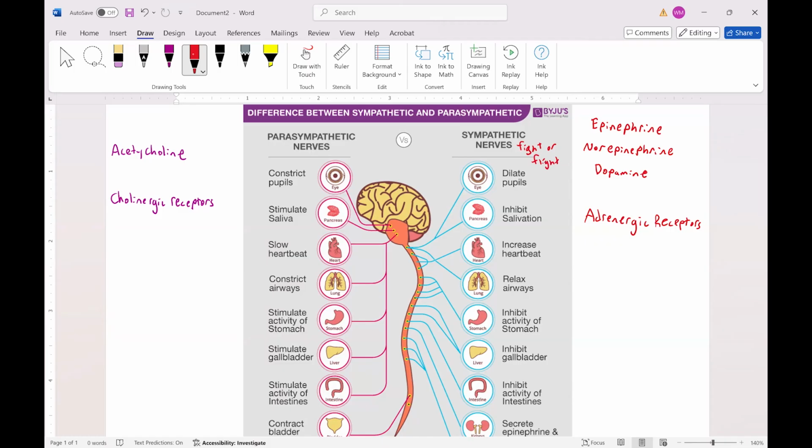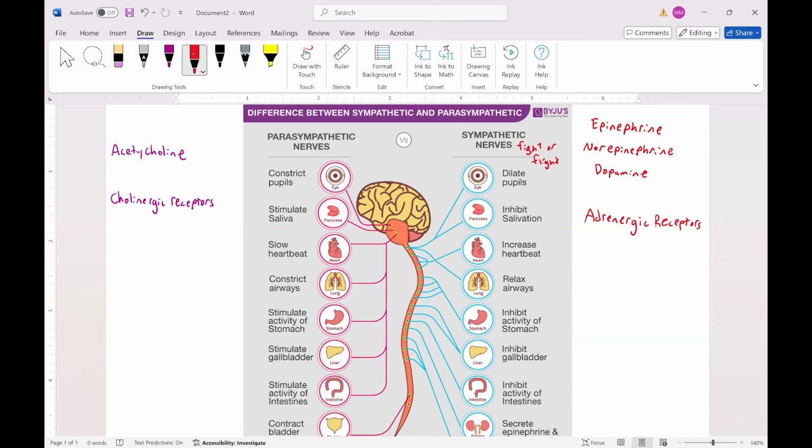I always liken this back to our ancestors way long ago. Some saber-tooth tiger goes to attack them. What's needed in order for my ancestor to fight off that saber-tooth tiger or to run away from it? First, we need to dilate the pupil. This allows more light in, more ability to see.